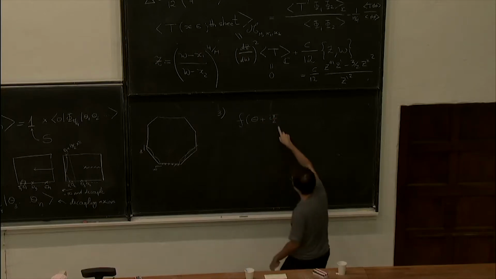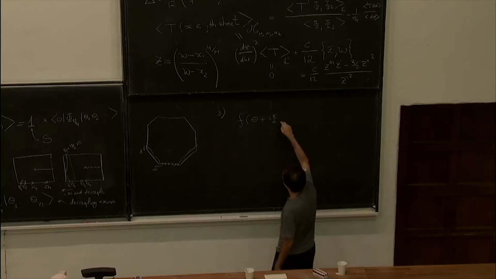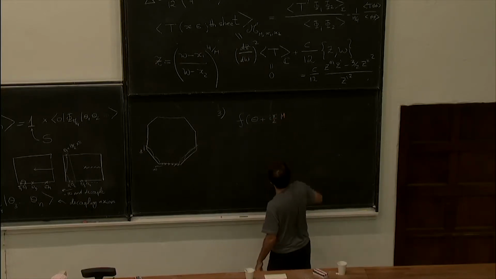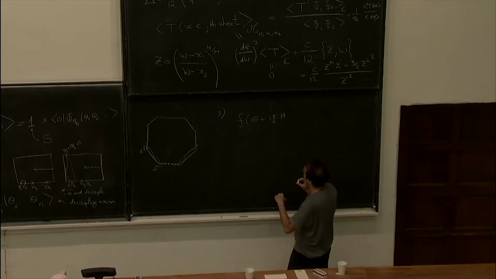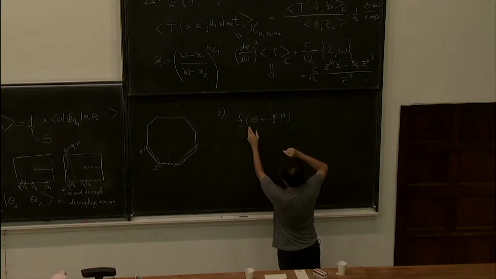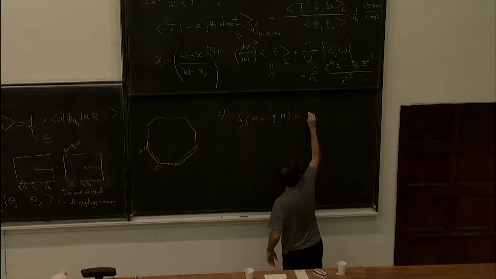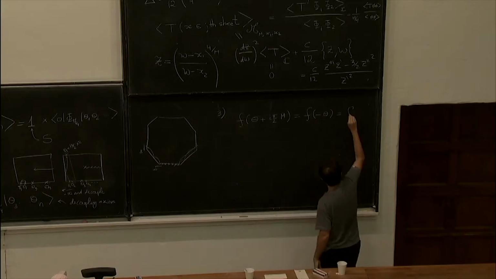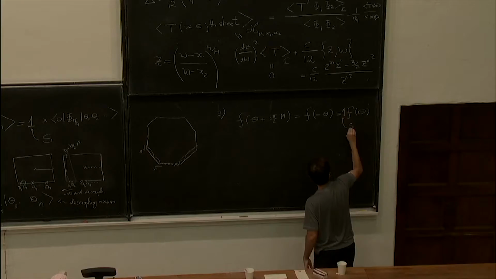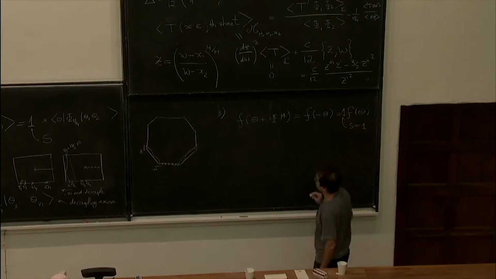So let's see, i pi over 2 is one step, and how many steps do we do if we are in an n-gon? I want to do m steps. Now I go back to the same position. But after I go back to the same position, the particle swaps its order, so this should be f of minus theta, which for us is just f of theta times 1, but that's because the S matrix is 1. Otherwise, this is what I expect.